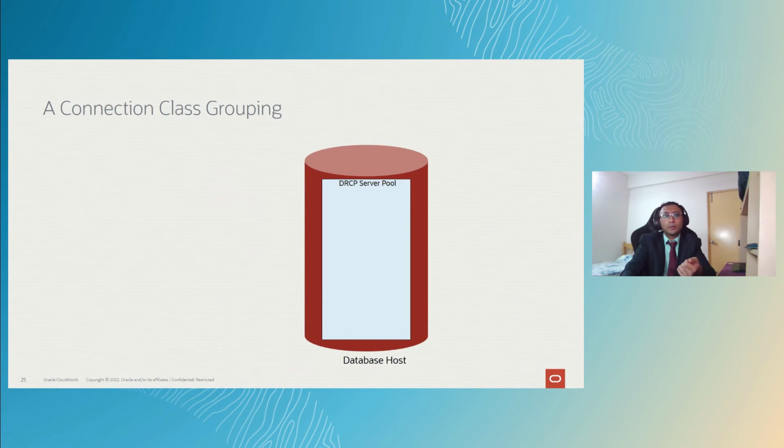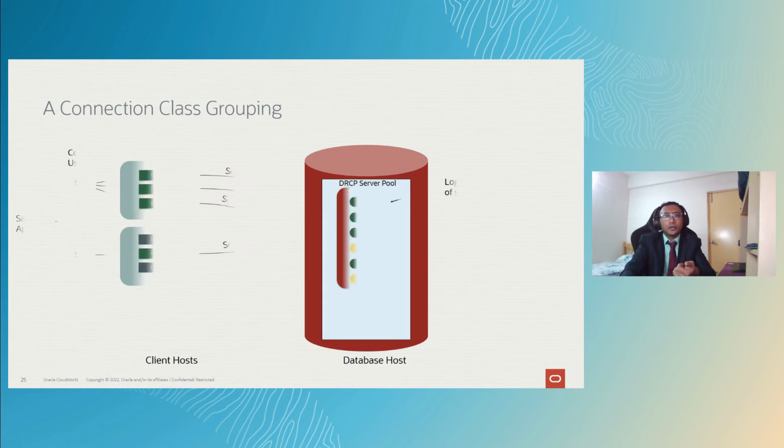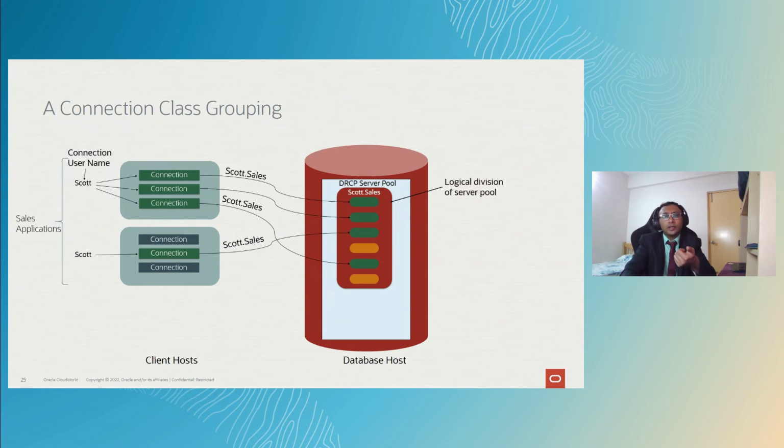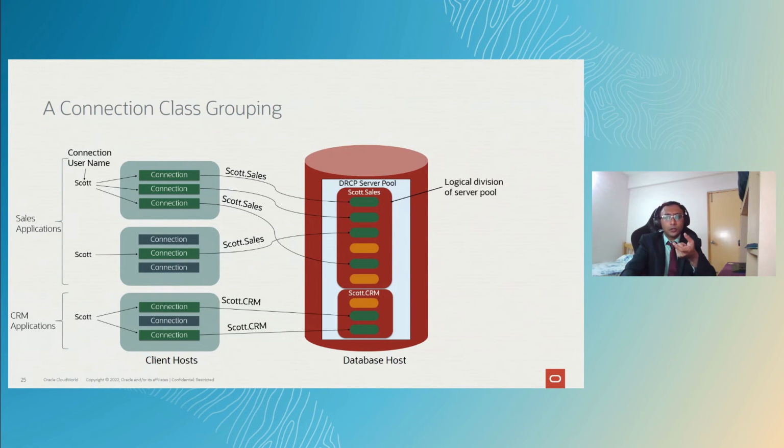So here is an example of a connection class grouping. For the same user Scott, applications in a group called sales may be willing only to share pool servers between themselves, but not with a different application group called CRM and so on. So now you have a separate connection class for the sales suite of applications and a separate connection class for the CRM suite of applications.